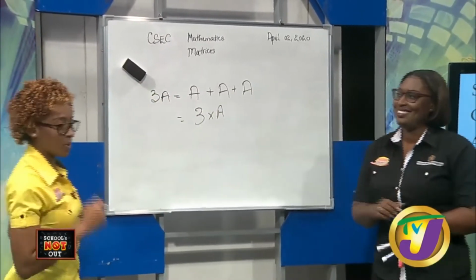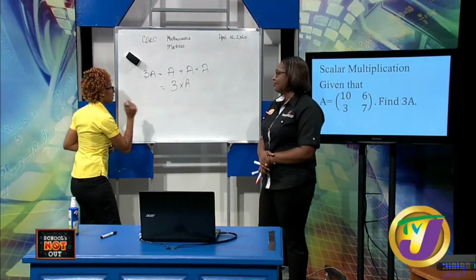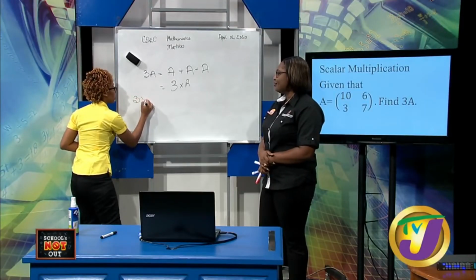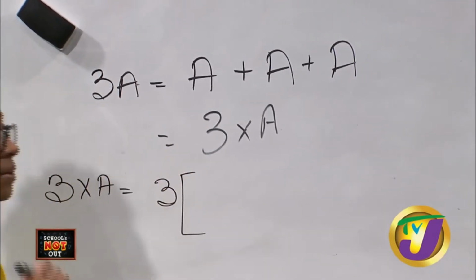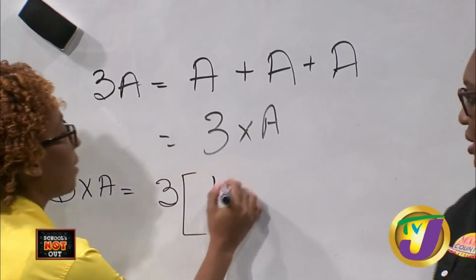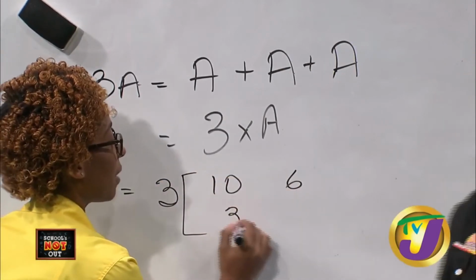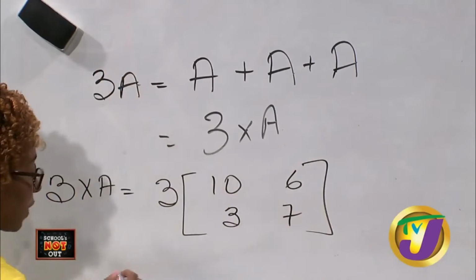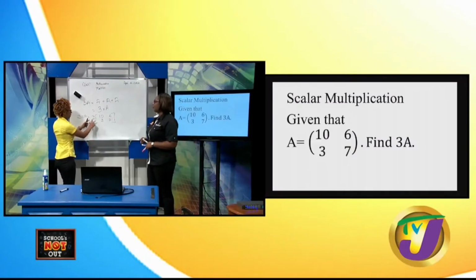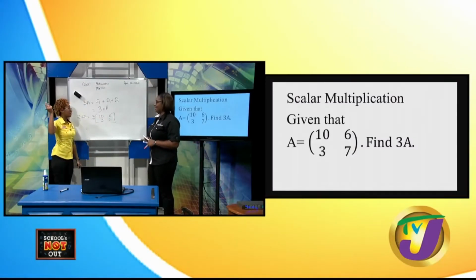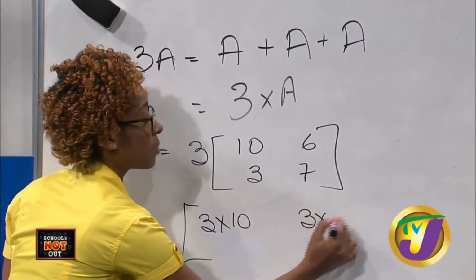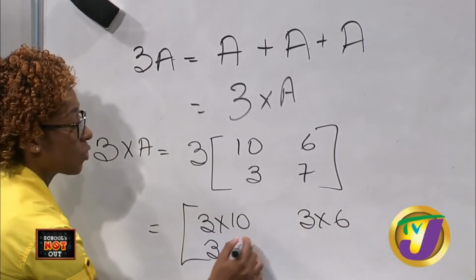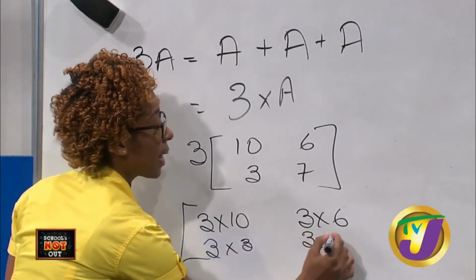All right, so if that is what it means, then our scalar matrix here would be 3 times our matrix A, which would give us 3 times 10, 6, 3, 7. So we're going to be multiplying our scalar by each element: 3 times 10, 3 times 6, 3 times 3, and 3 times 7.